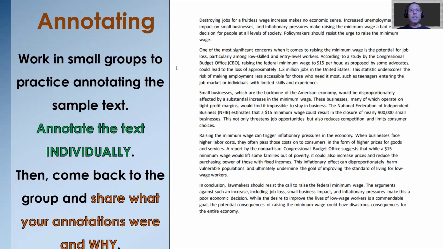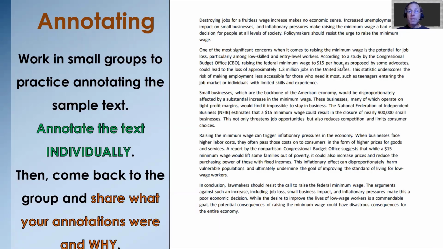So I'm just going to give you an example with the first body paragraph. It says, one of the most significant concerns when it comes to raising the minimum wage is the potential for job loss, particularly among low-skilled and entry-level workers.